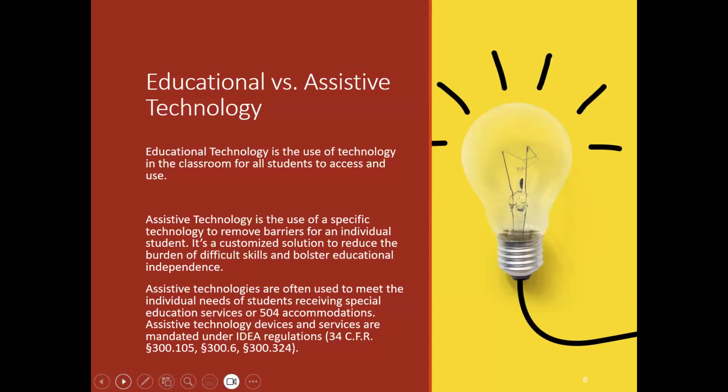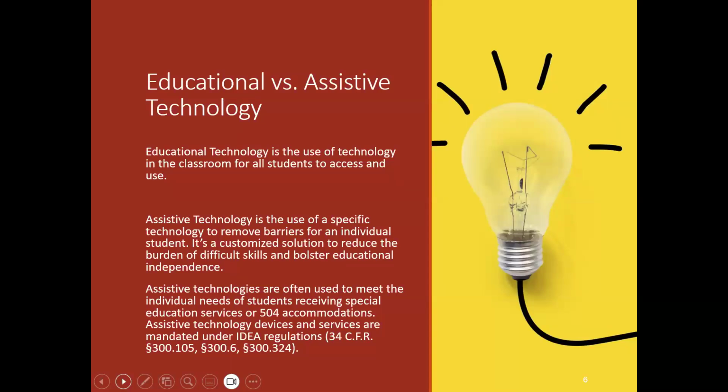But assistive technology is the use of a specific device that removes barriers for an individual student. It is a specific or customized solution to reduce the burden of difficult skills and to bolster educational independence.